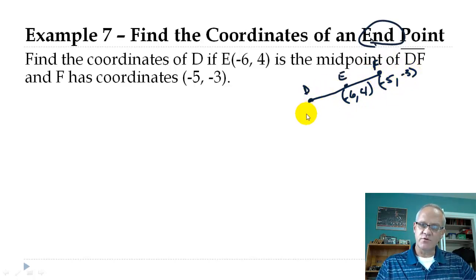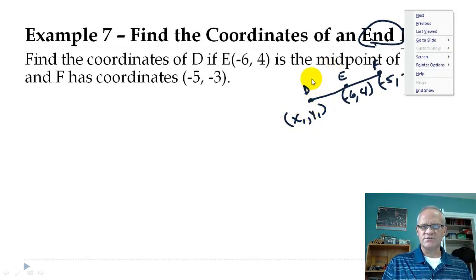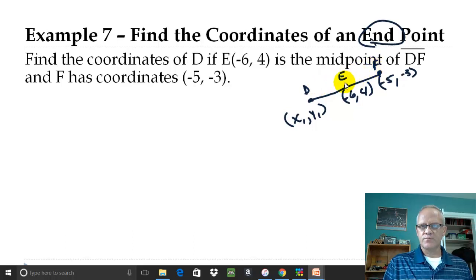This is what we don't know. We don't know what x1 and y1 are. Okay, so it's a little bit different. Before we knew the outside ones, but we were trying to find the middle. Now we're trying to find one of these end ones. So we're going to use that same formula, but we're just going to fill stuff in a different area.